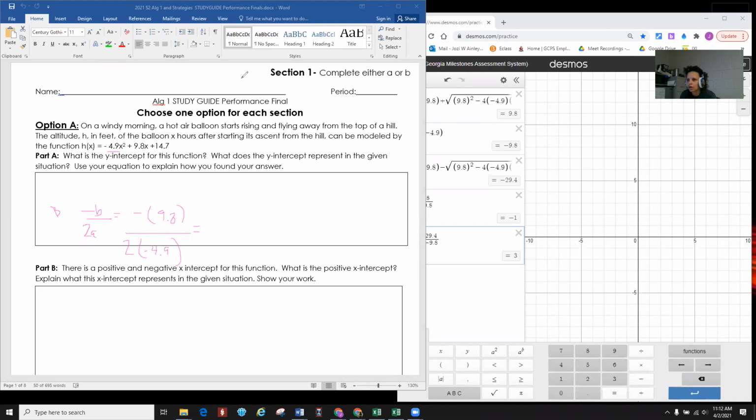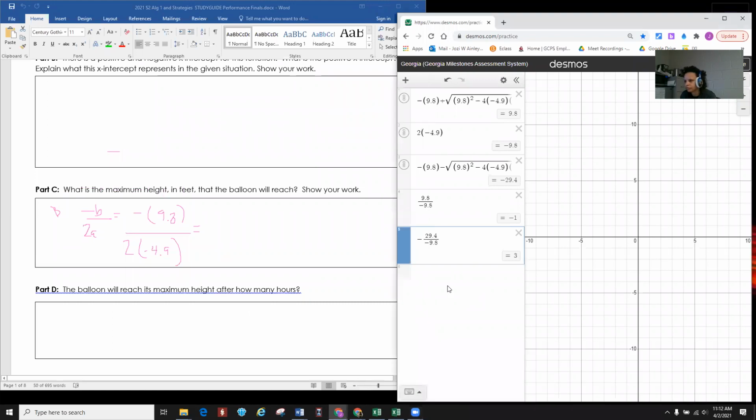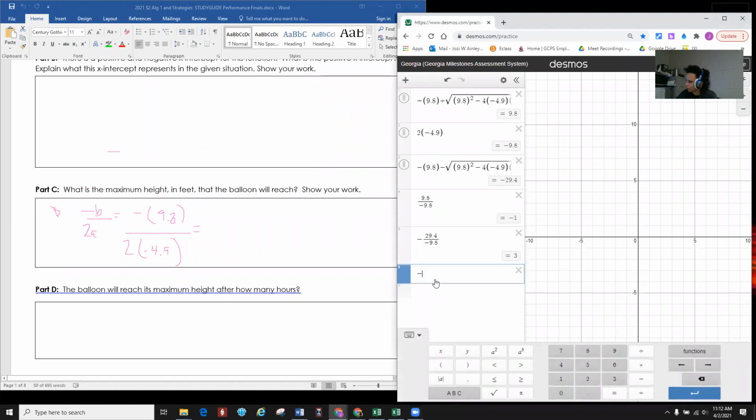Okay. All right, then stick that in the calculator. Negative 9.8 over 2. Oh, I'm sorry, did that wrong. Let's keep the parentheses in there. So negative 9.8 divided by 2 parentheses, and inside that is negative 4.9.